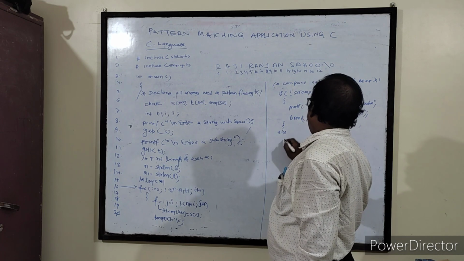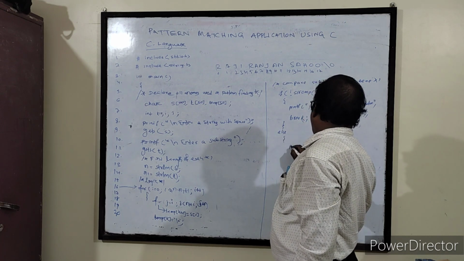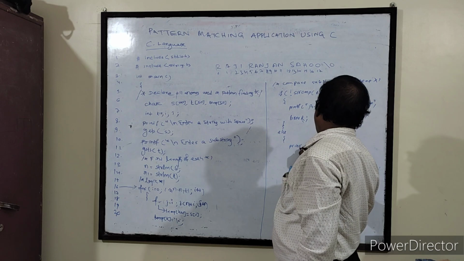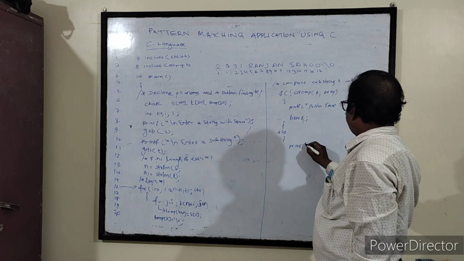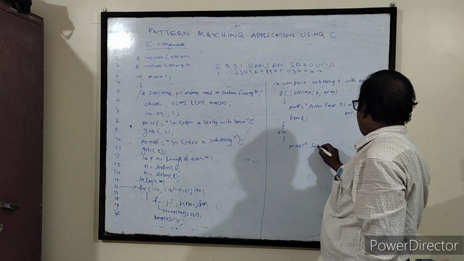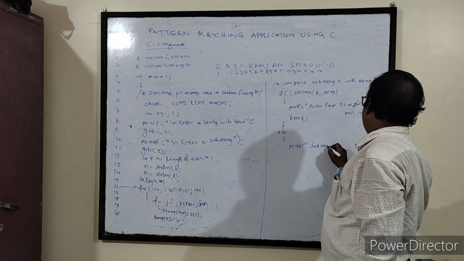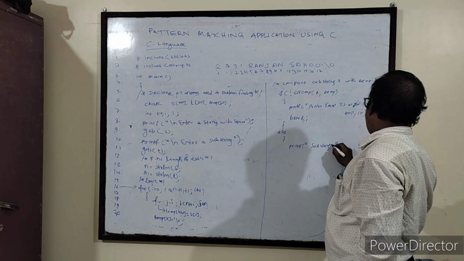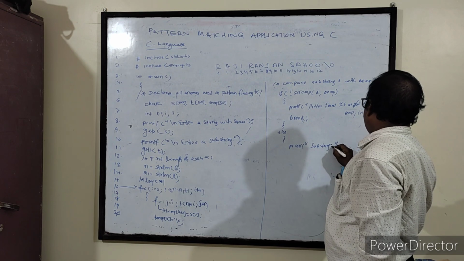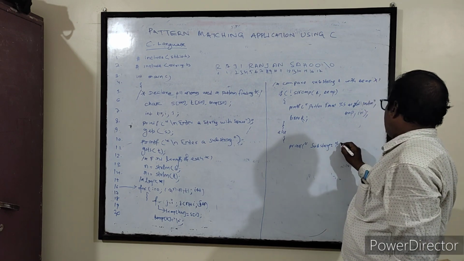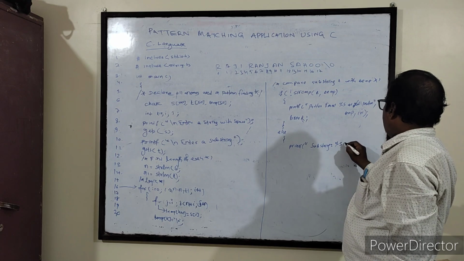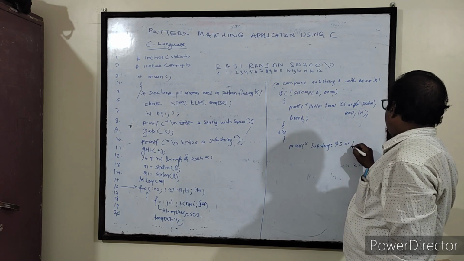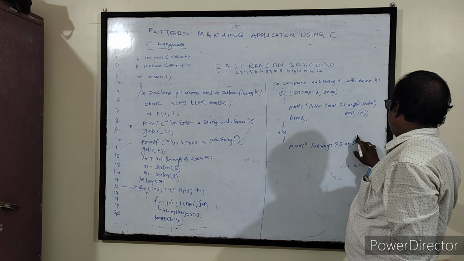Now else, what we have to do? We can print the substring: substring percentile S here, and at percentile D position.